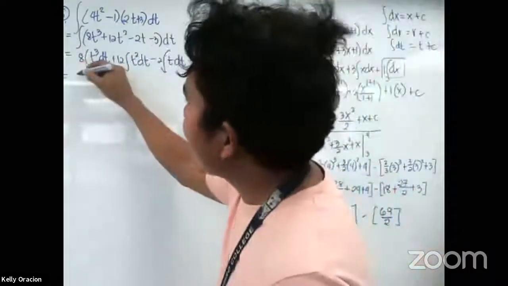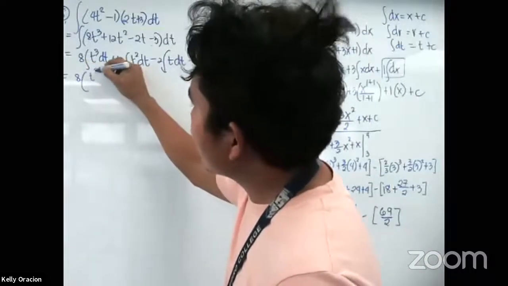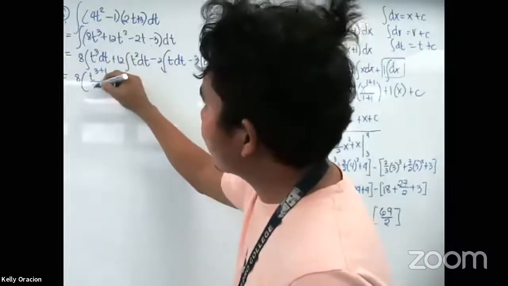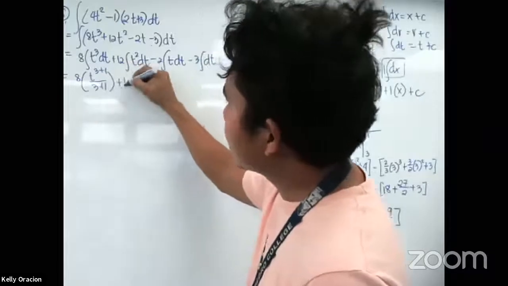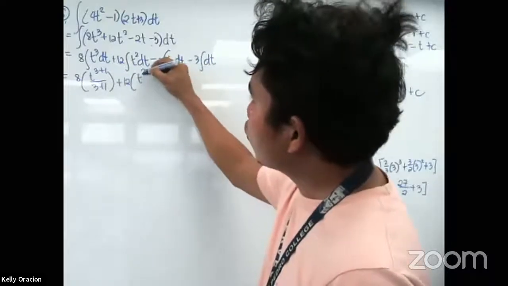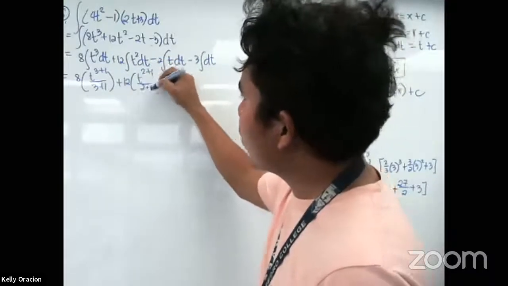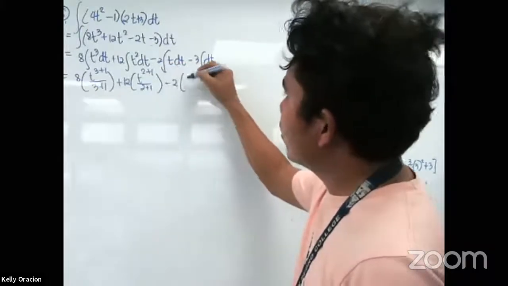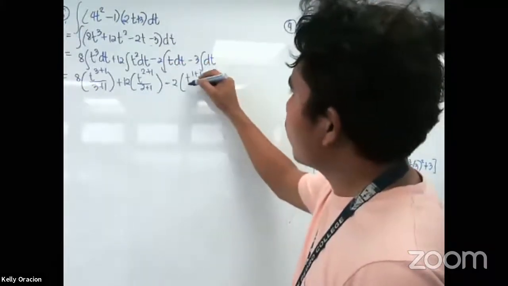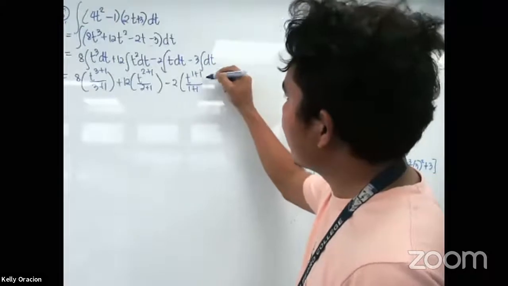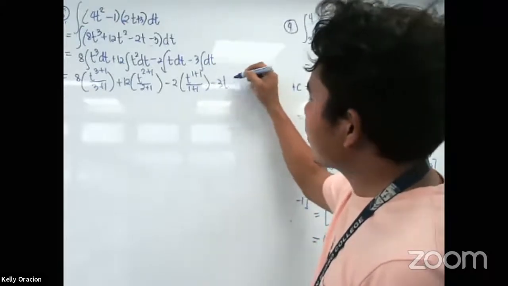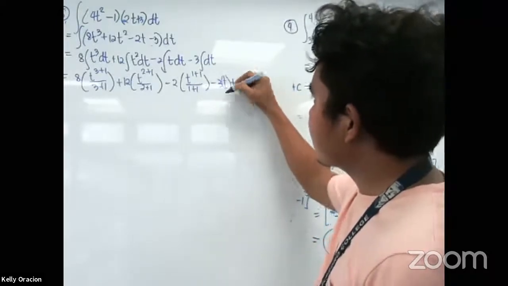So you have 8 times t to the 3 plus 1 over 3 plus 1, plus 12 t to the 2 plus 1 over 2 plus 1, minus 2 t to the 1 plus 1 over 1 plus 1, and lastly, minus 3t plus c.